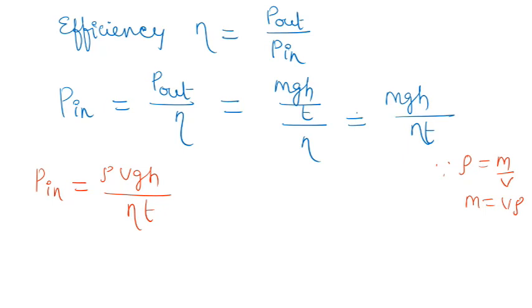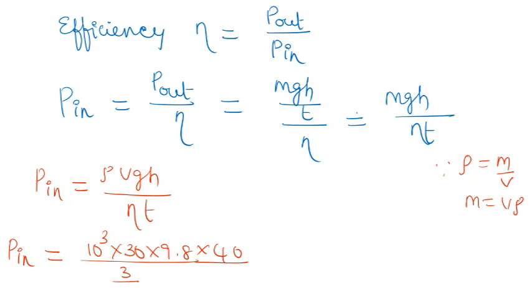So now we are substituting the values. Input power is equal to 10^3 into 30 into g, 9.8, into height 40, by eta, nothing but efficiency 3 by 10, into t, time 900 seconds. Now zeros cancel, and here this zero gets cancelled, 3 ones are 3, 3 tens.